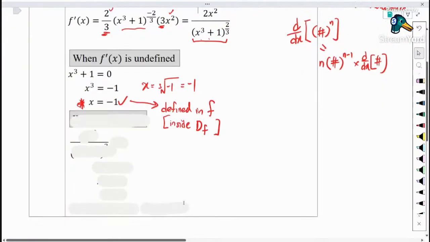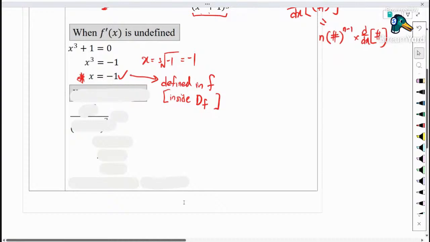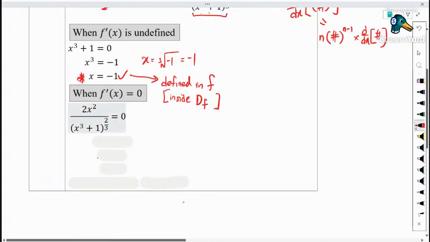Go on. Next, we would like to find out the case where f prime equals 0. So substitute f prime equals 0. What we find is that if we simplify our answer, multiply these terms to the other side with 0, I am left with 2x squared equal to 0. Therefore, x is equal to 0. And this is another critical number that I should have.